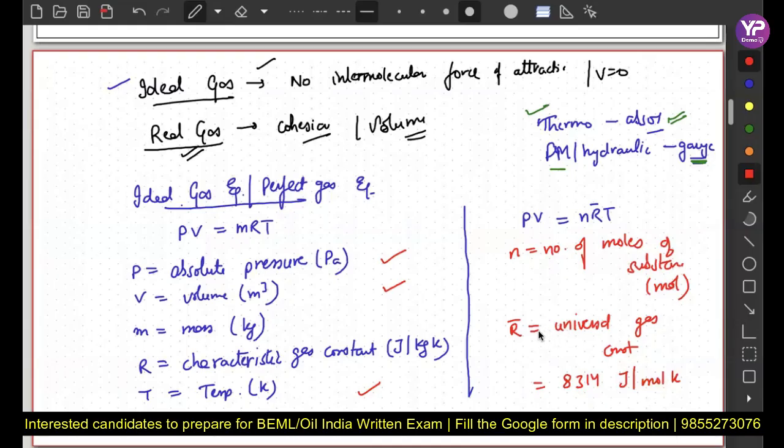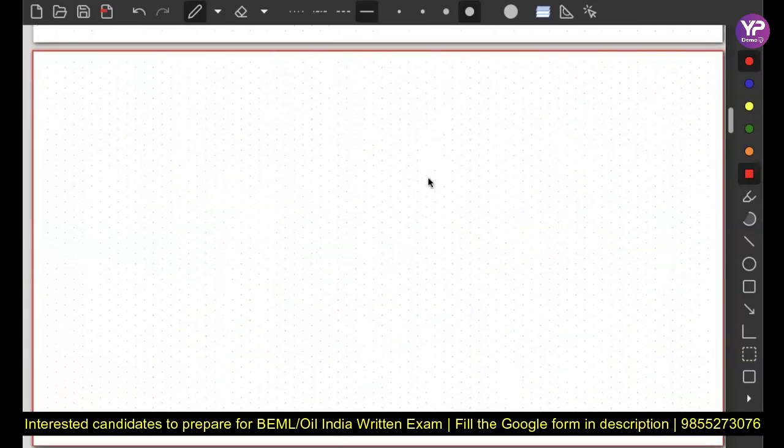First of all, what is the meaning of number of moles here? In our day-to-day life, we define the mass in the unit of kg. In the same way, in chemistry, the amount of substance is represented in the form of mole. Let us suppose I tell you that we have 1 mole of oxygen.